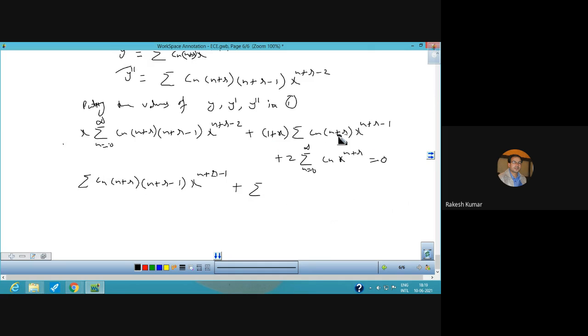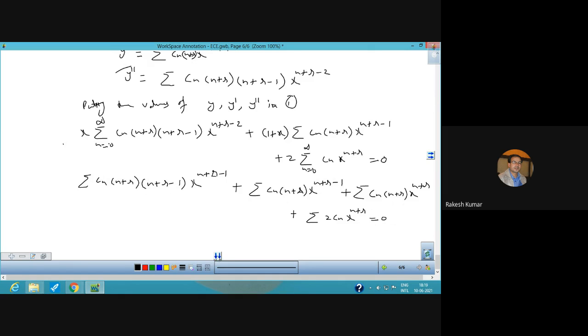When you multiply the summation with 1, you get the same term, so (n plus r) x raised to power n plus r minus 1. When you multiply inside with x, you will have summation c_n (n plus r) x raised to power n plus r. And the last term is as it is, that is summation 2 c_n x raised to power n plus r is equal to 0.